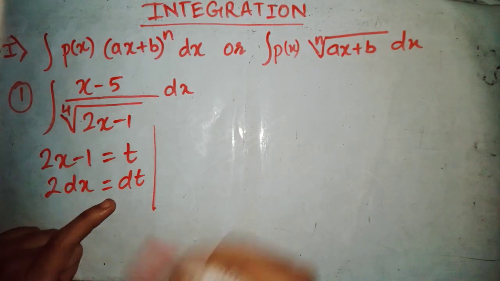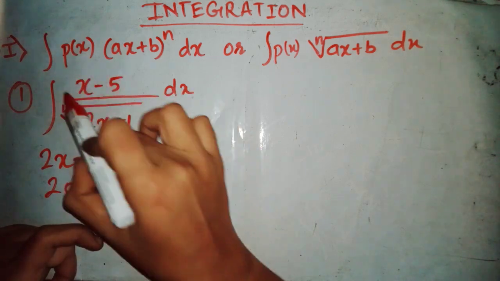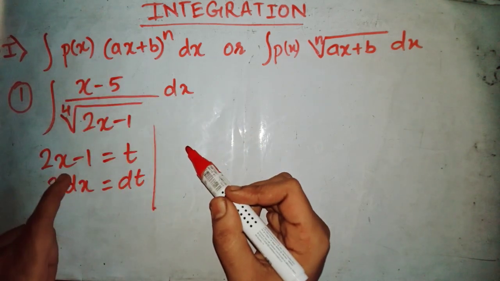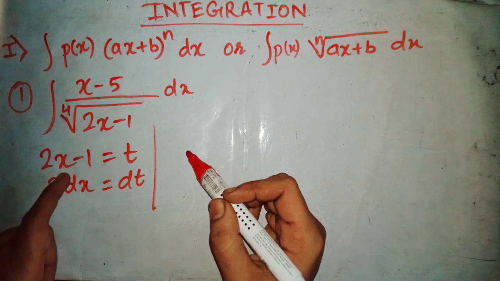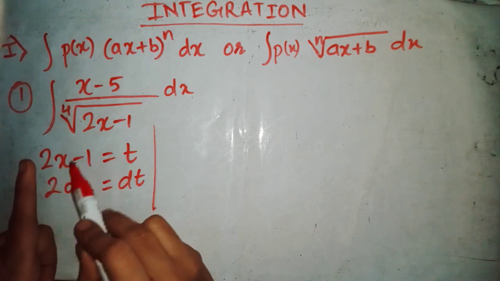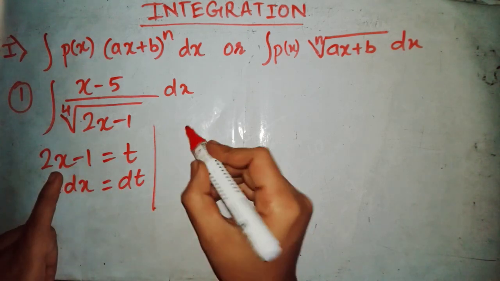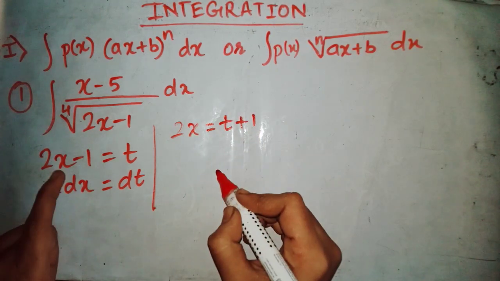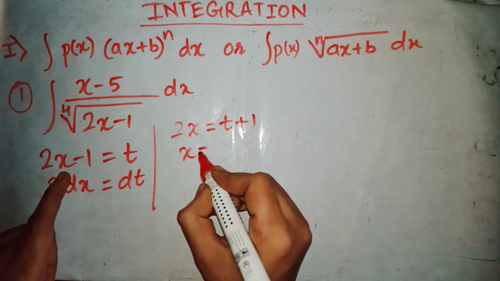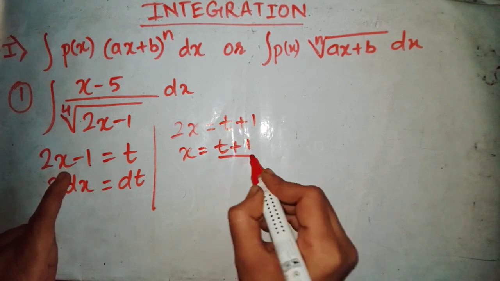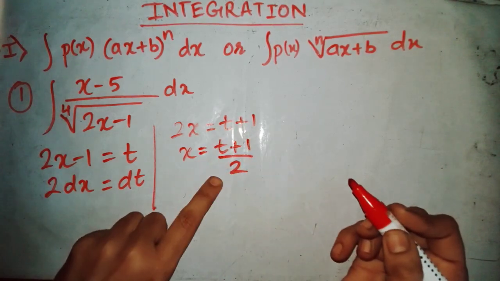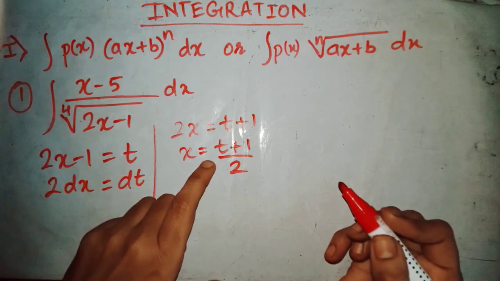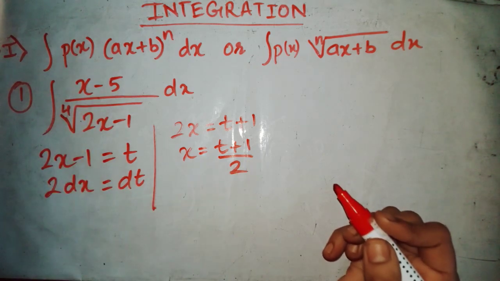Now we have to substitute for x. From here we can find x: 2x is t plus 1, so x is (t plus 1) by 2. So in place of x you can put (t plus 1) by 2.